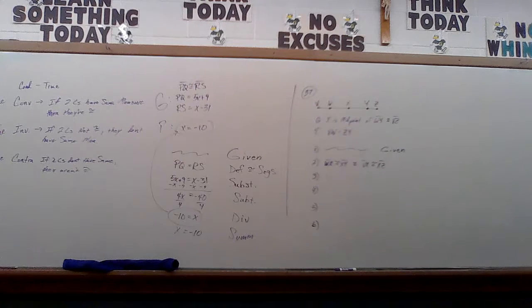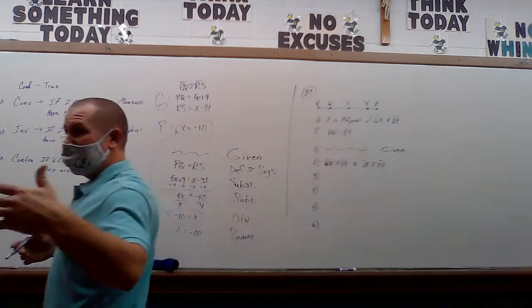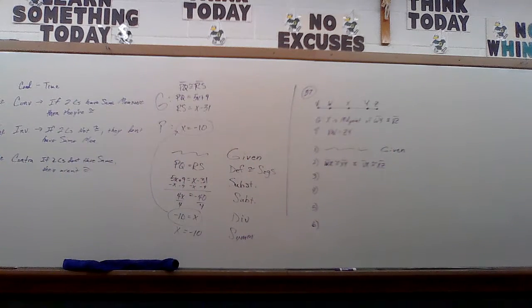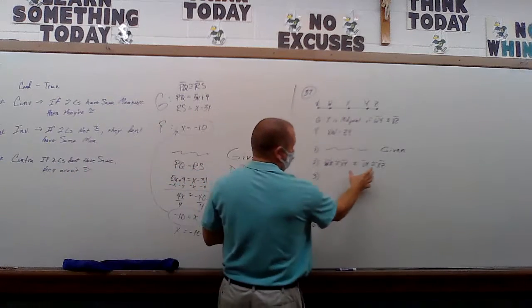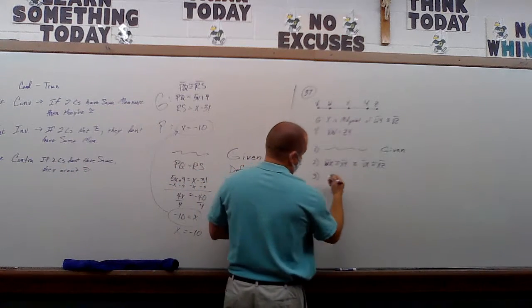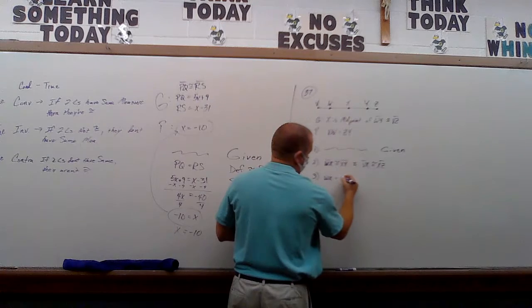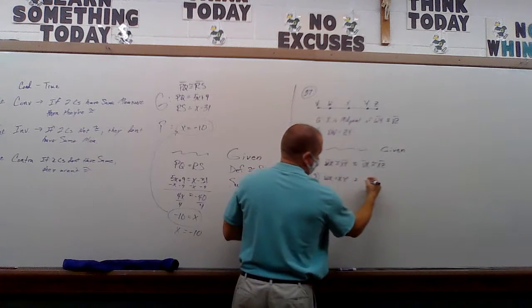Now, the given is all done, so basically, in the back of your mind, we're probably going to do some kind of segment addition here, or subtraction, or something. So that means we're going to do math to it. So if we're going to do math to it, what do we have to do to these? Make them equal. So I'm going to do the exact same letters.